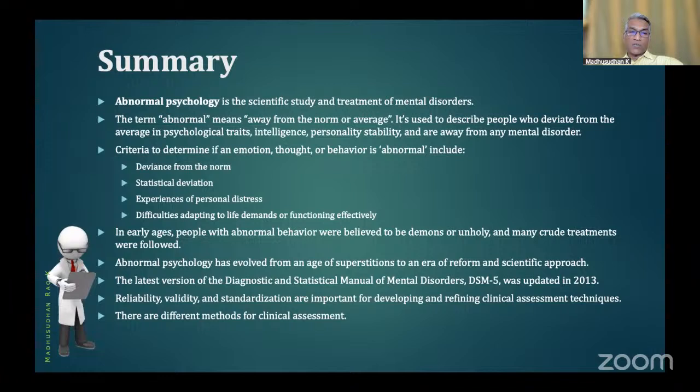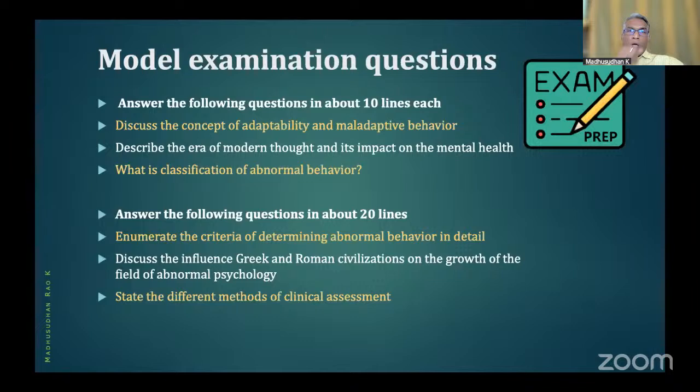The latest version of the Diagnostic and Statistical Manual of Mental Disorders, DSM-5 TR, was updated in 2013. Reliability, validity, and standardization are important for developing and refining clinical assessment techniques. There are different methods for clinical assessment too.